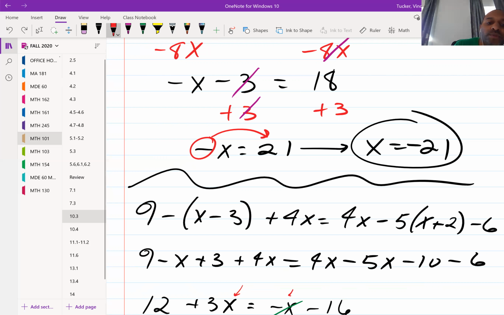So we'll distribute that negative. And a lot of people make this mistake right here. They forget to distribute the negative. So be careful. That negative needs to hit each term that's in that parentheses. Just like when we distribute this negative 5, it would have to hit each term that's in the parentheses. So that'd be 9 minus x plus 3 plus 4x equal to 4x minus 5x minus 10 minus 6.